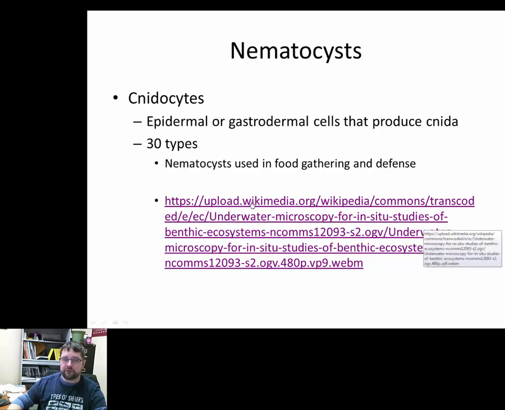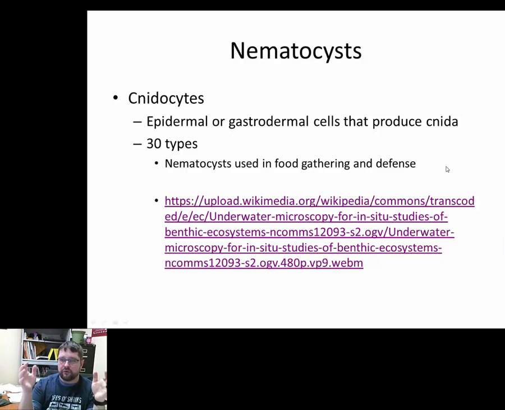We're going to watch a quick clip about a polyp. When we think about coral reefs, a lot of people have this image in their head that corals are plants, but in actuality, coral is a Cnidarian in the polyp form. That's the asexual form of the species, and in some cases it's the only form of the species, and we'll talk a little bit about that as we move on.